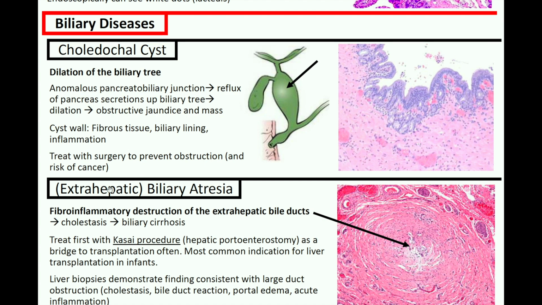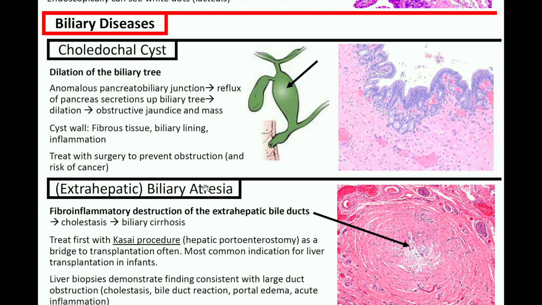You can also have extrahepatic biliary atresia, which is fibro-inflammatory destruction of the extrahepatic bile ducts, which leads to cholestasis and biliary cirrhosis. So you want to treat this first with the Kasai procedure, or hepatic portoenterostomy, as a bridge to transplantation often.